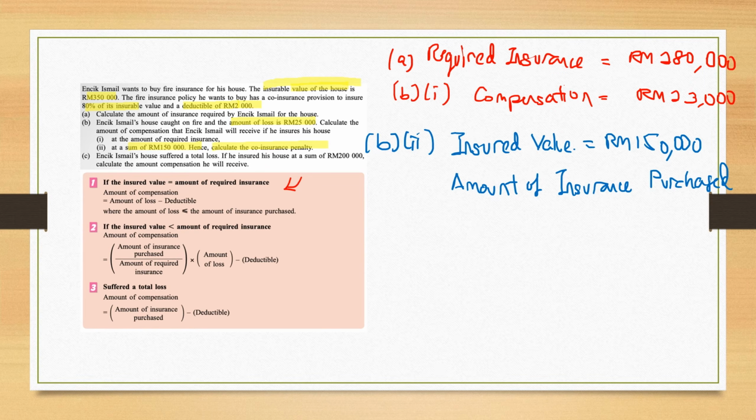They are referring to the same thing. Now, which scenario is this referring to? It's referring to scenario 2: the insured value is less than the amount of required insurance. The insured value is 150,000, and the amount of required insurance, we discovered, is 280,000. So it's less than the amount, the statement is true, and that's why we take scenario 2 for the amount of compensation.